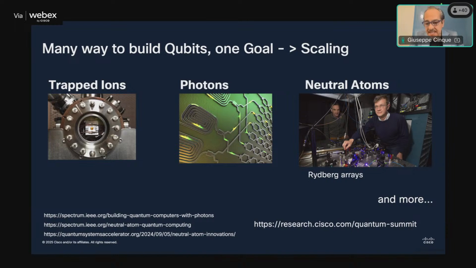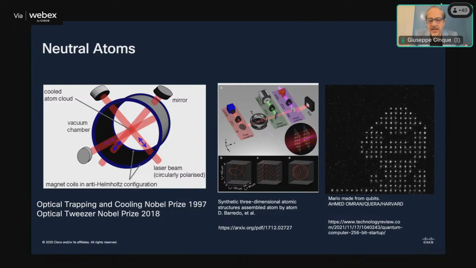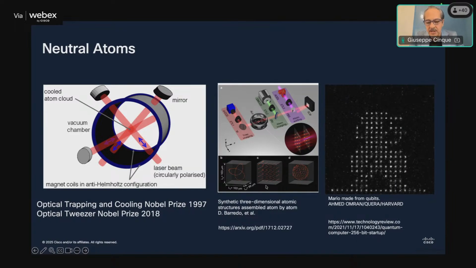And more recently, the use of neutral atoms has gained a lot of popularity: pure, simple atoms that are trapped together using lasers and electromagnetic fields. And this is becoming an incredibly powerful technology, because the level of control of individual atoms is amazing. Here you see, for example, a 3D organization of individual atoms that has been demonstrated.